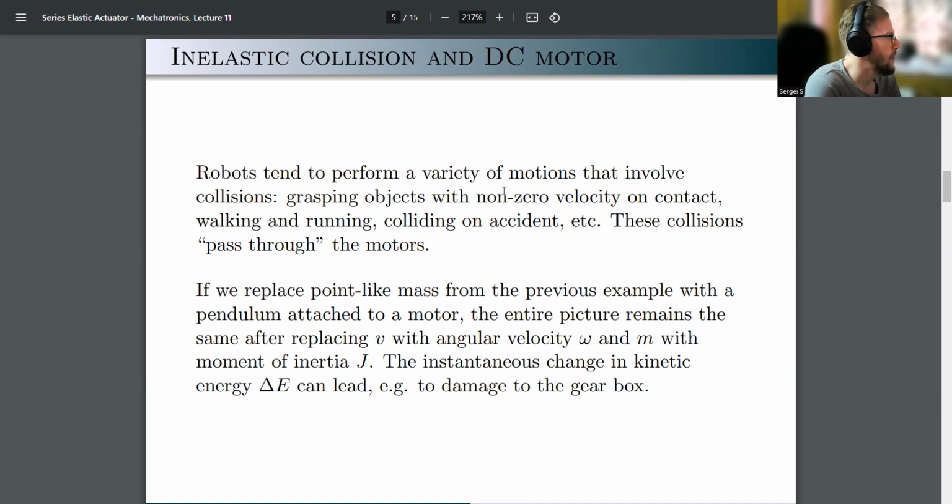Also, you can collide by accident, right? If you work around industrial robots, it is possible that you might come into contact with them. For industrial robots of the older types, such as what we currently use in production, this is undesirable.